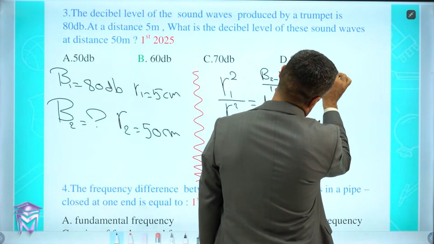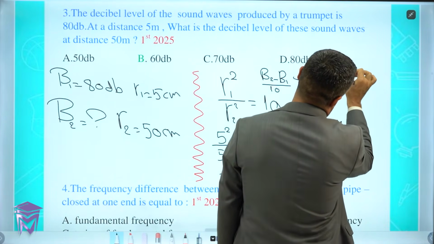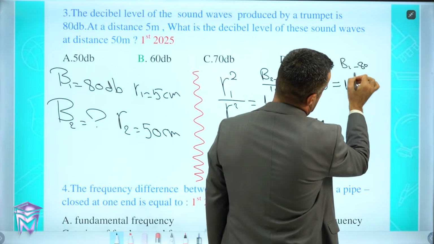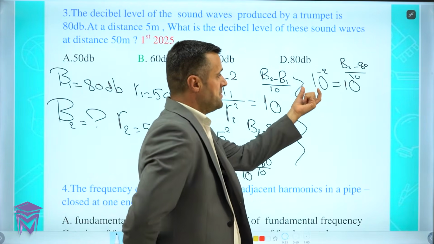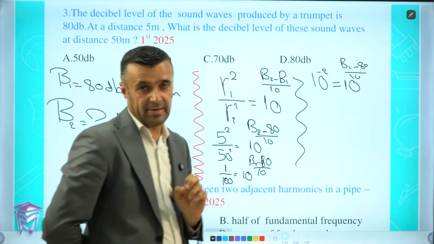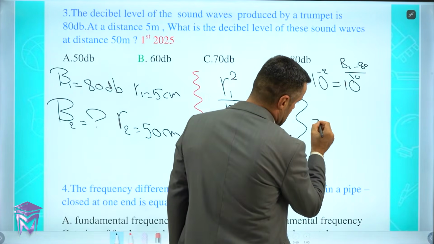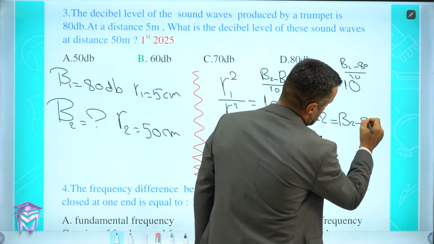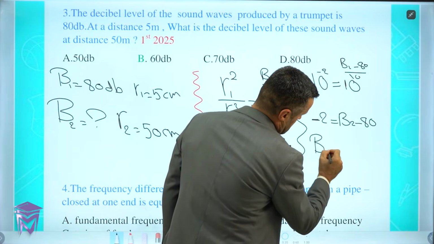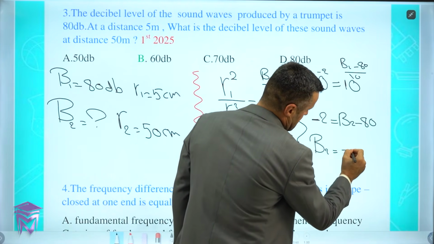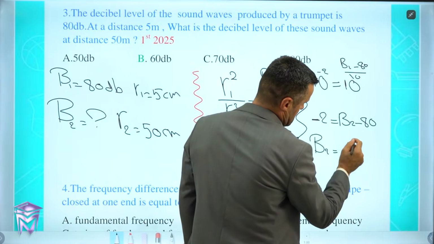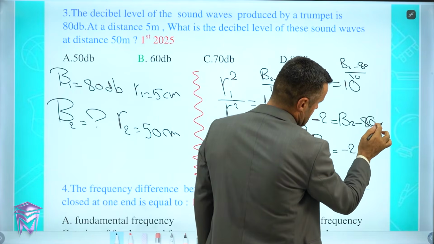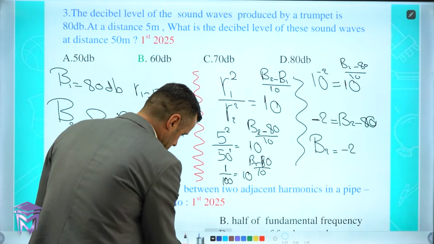So 10 power minus 2 equals 10 power (B2 minus 80) over 10. The bases are equal, so we can equate the exponents: minus 2 equals (B2 minus 80) over 10, giving B2 minus 80 equals minus 20, and B2 equals 60 decibels.